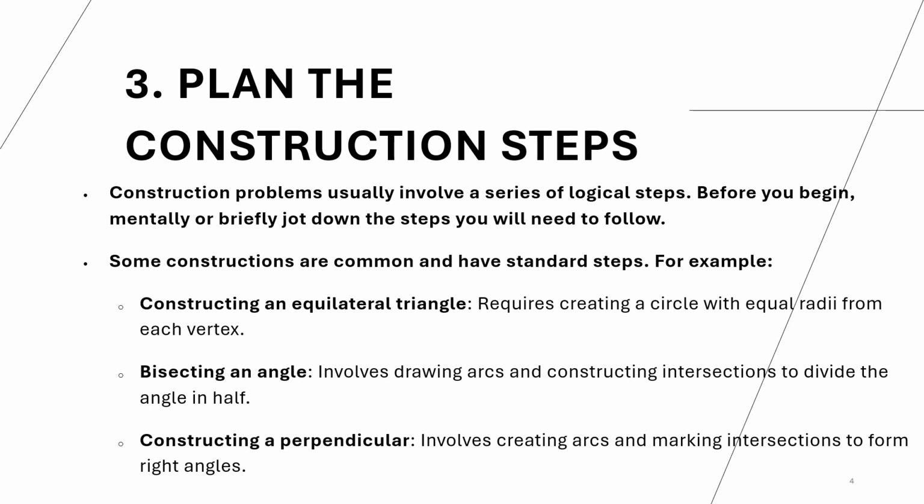For example, constructing an equilateral triangle requires creating circles with equal radii from each vertex, and bisecting an angle involves drawing arcs and constructing intersections to divide the angle in half. Constructing a perpendicular involves creating arcs and making intersections to form right angles.